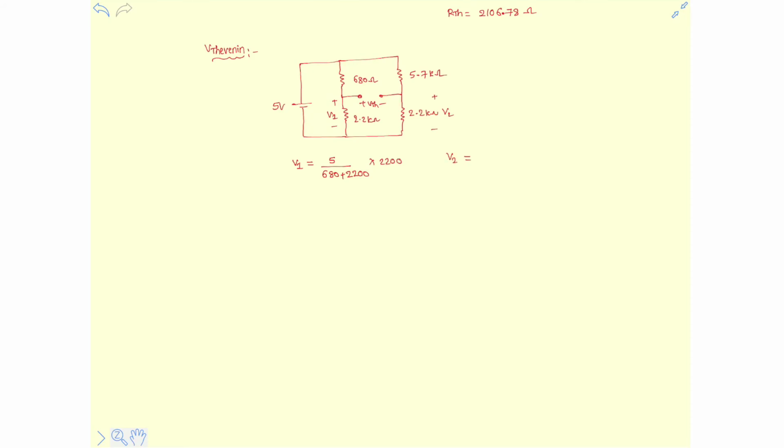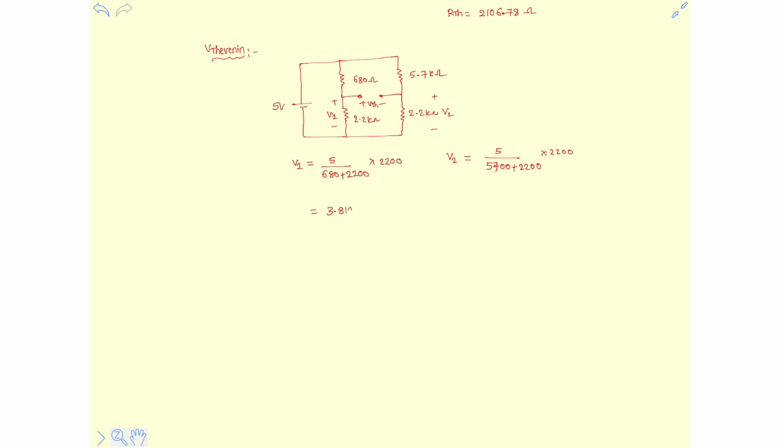Similarly, V2 we can write as 5 over 5.7 kilo ohms, which is 5700 ohms, plus 2200 ohms, multiplied with 2200 ohms. So let's calculate V1 and V2. V1 is 2200 divided by 680 plus 2200 multiplied with 5.